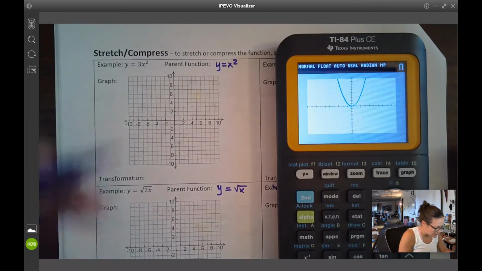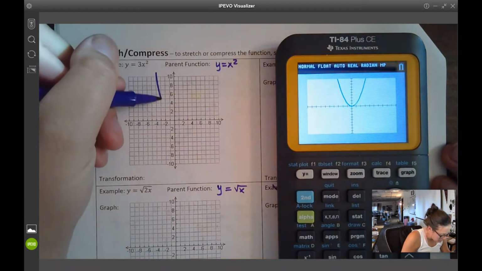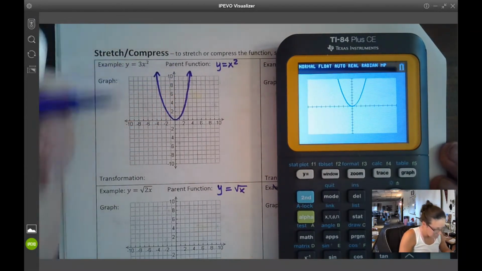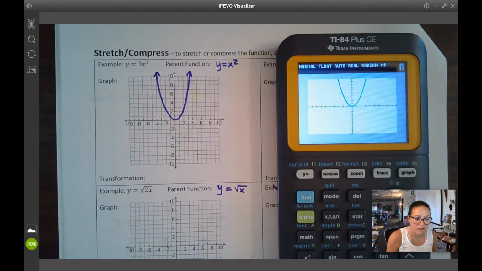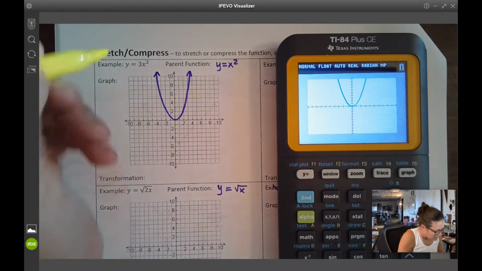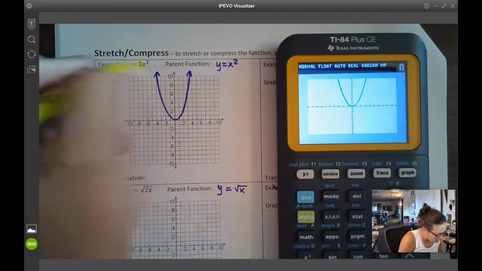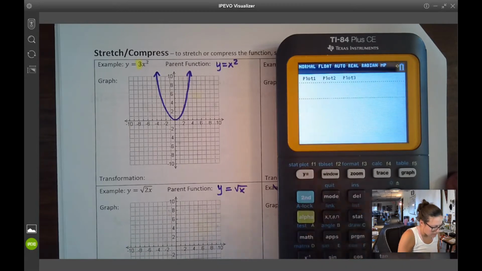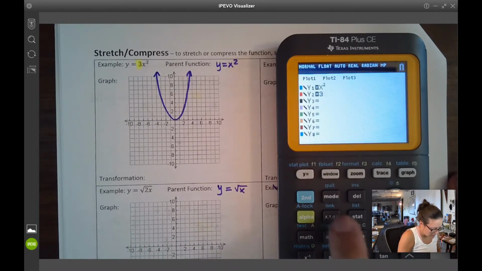And I would like you to actually sketch a graph of the parent function. So that's just y equals x squared. Now, what do we have in our new equation? We have this 3 here. That's 3 times x squared. So we're going to see what happens when I graph 3x squared.